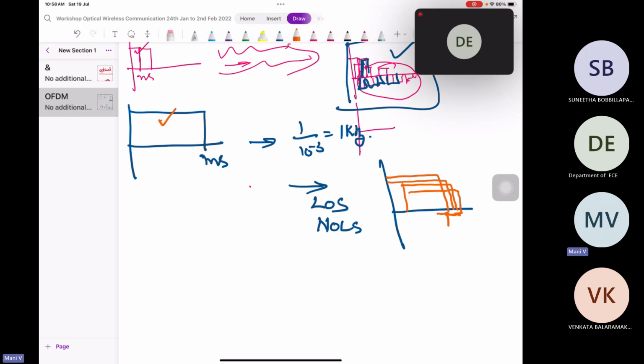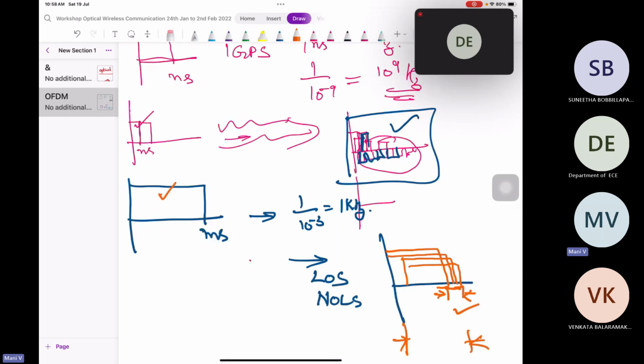So this time period is very, very minimal. When the time period of the multipath is very minimal, this fading we can eliminate and we can decode your signals very easily. Whereas in the previous case, it is expanded in the time scale, so they are unable to decode the signals, right?